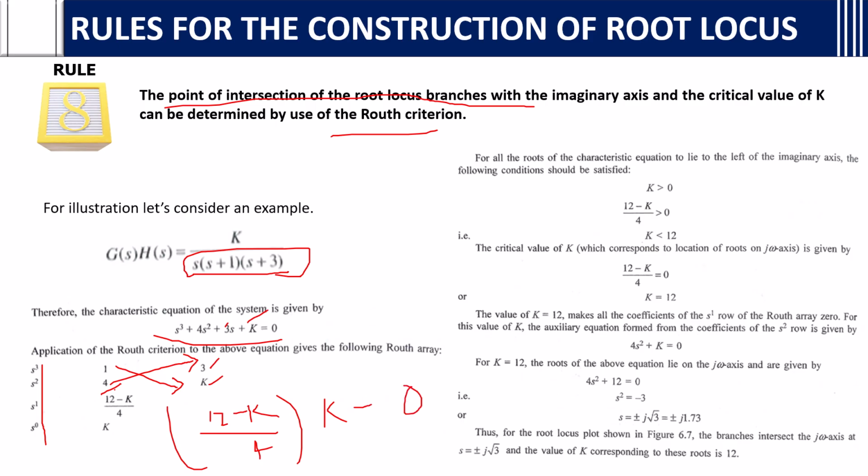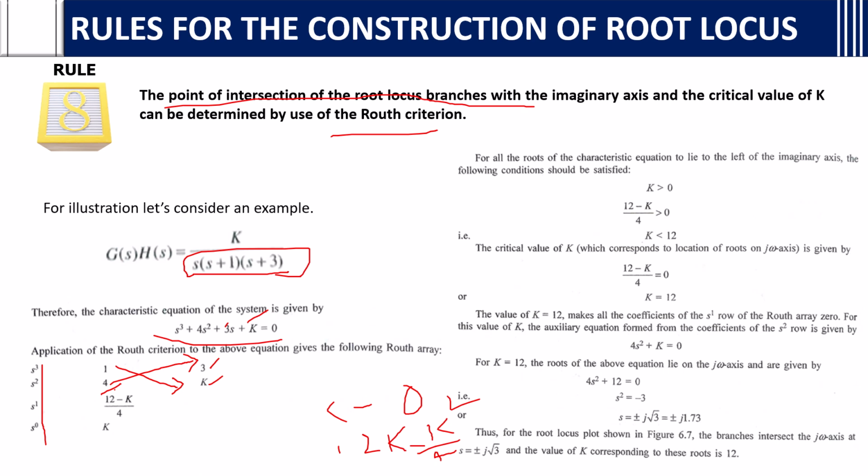Minus 0. What will you get? 12 minus k by 4 into k minus 0, that is 12k minus k square by 4.